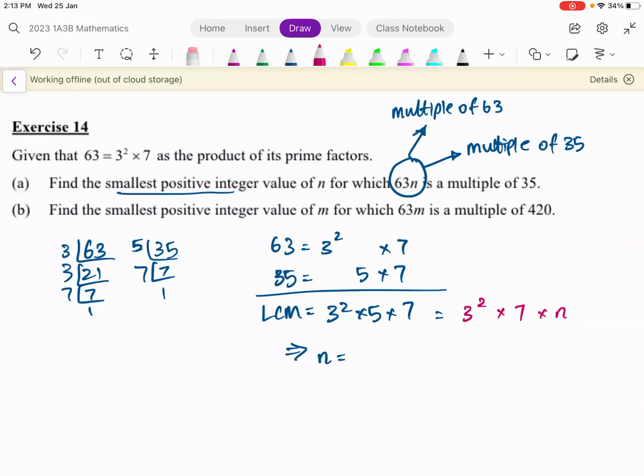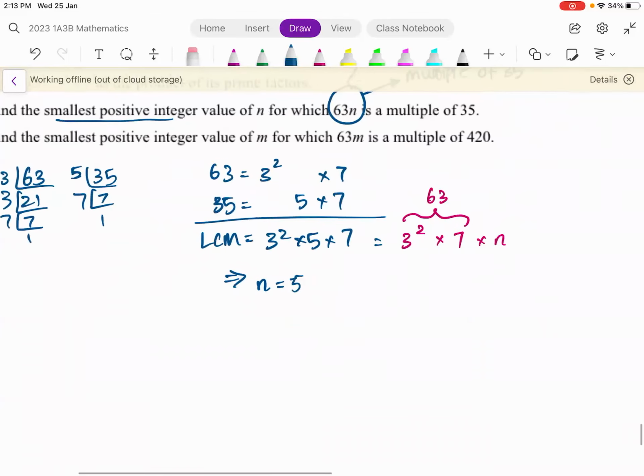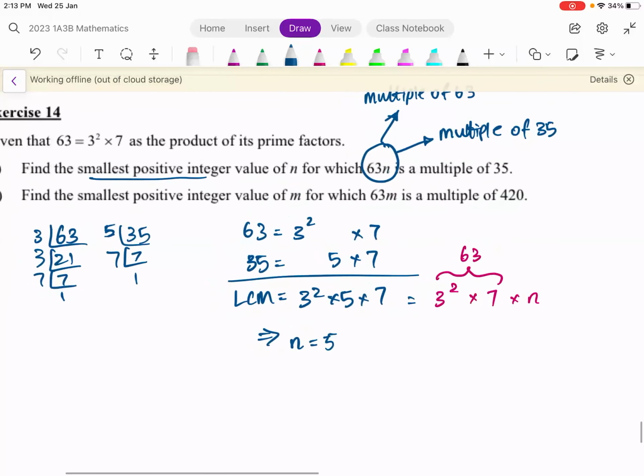This is our 63n. Agree? 63n is my LCM. So let us compare. 3 square, same. 5 is supposed to be the same, but I don't see 5 over here. Where must it be? Inside here, and confirm has a 5. And then I've got a 7 and 7. So n equals to 5, just like that. Doable?